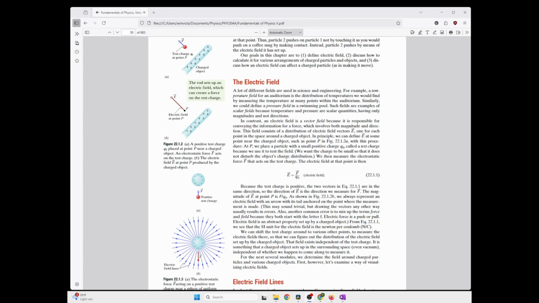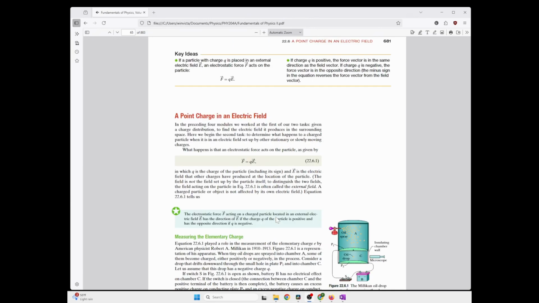We can move the Q naught to the other side, and this equation would become equation 22.6.1. Now, in equation 22.6.1, that Q does not have a subscript naught in it. But in any case, this Q presumably will be like a test charge, in that it can be mobile.